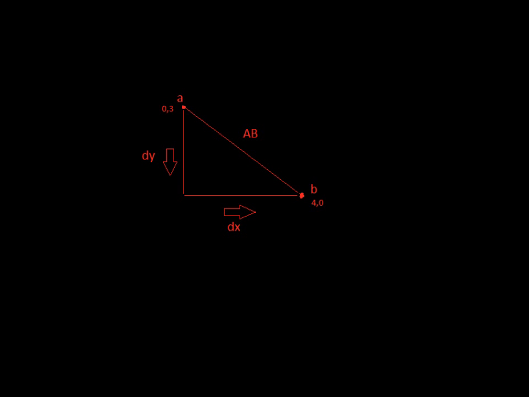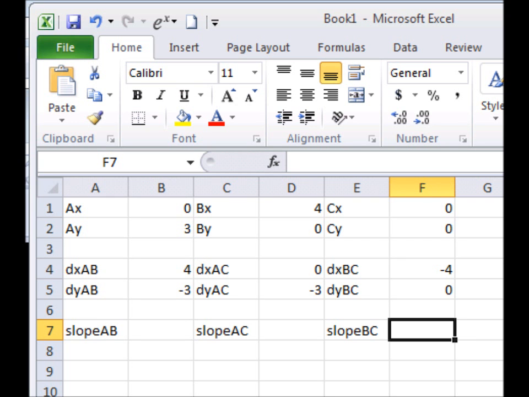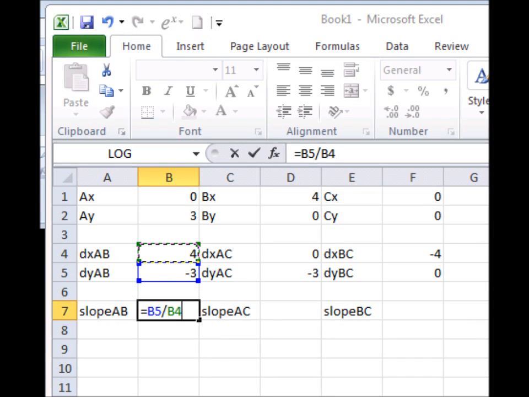So looking back, you know, the slope is equal to dy over dx. So we'll use that knowledge to calculate the slopes for lines AB, AC, and BC. Create label cells, and then the formula for determining the slope is just dy over dx.